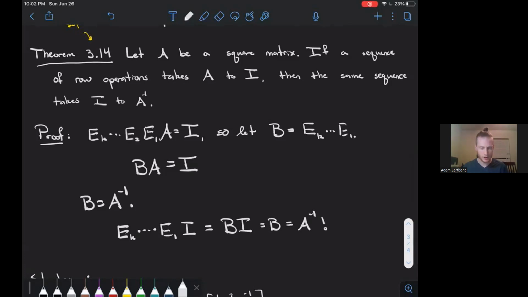It's not surprising. All I did was ask, what is B? We just had to say it again, right? If we did that thing to the identity, then at the end of that row reduction process, we're looking at A inverse. Okay, and that is actually just the proof. It's kind of very strange. It's a consequence of the previous theorem that we proved.